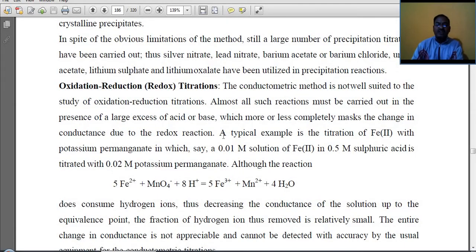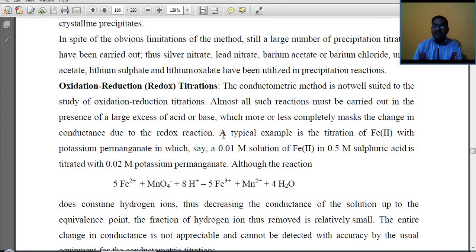Oxidation reduction titration, simply what is it called? Redox titration. The conductometric method is not well suited to the study of oxidation reduction titration. Almost all such reactions must be carried out in the presence of a large excess of acid or base, which more or less completely masks the change in conductance due to the redox reaction.